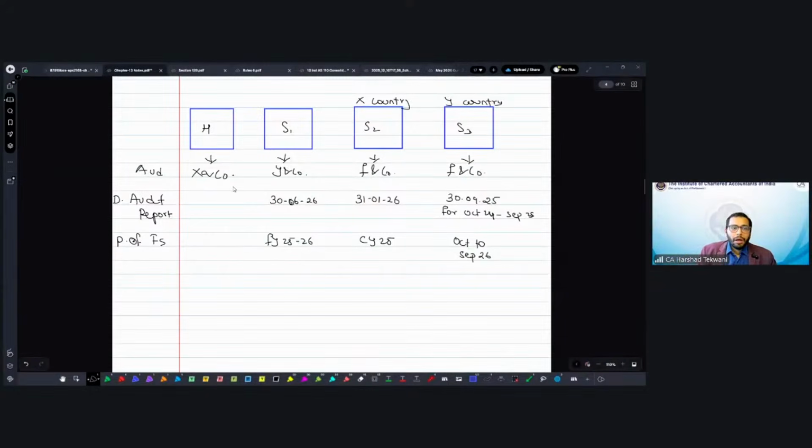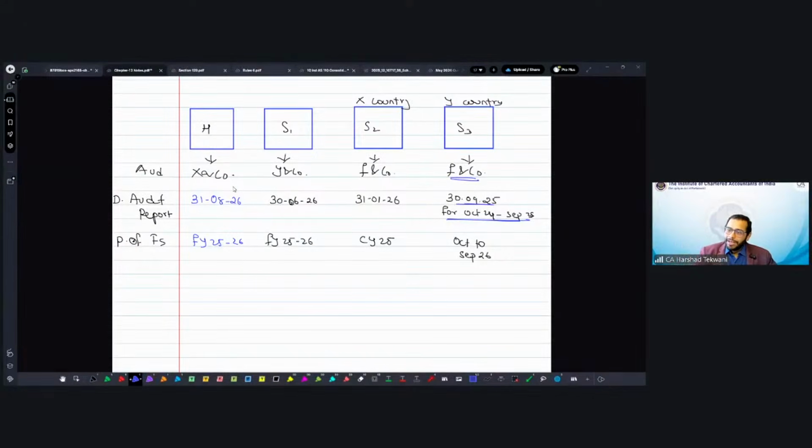Let's say XN company is planning, now this is the tentative date I'm talking about, XN company is planning to sign the consolidated financial statement on 31st 8/26 for the financial year 25/26. Now the question comes is, FN company has already considered this particular financial year. They have issued the report on this particular date.